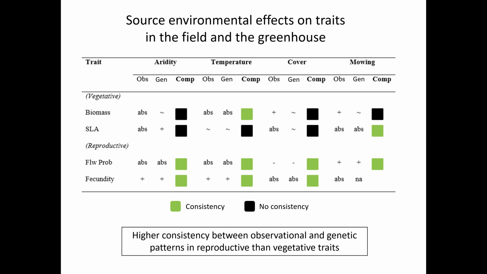And here the main result is that there is consistency between observational and genetic patterns in reproductive traits, but not in vegetative traits, as can be seen from the majority of black squares in the vegetative traits, as opposed to the presence of always green squares in the reproductive traits.